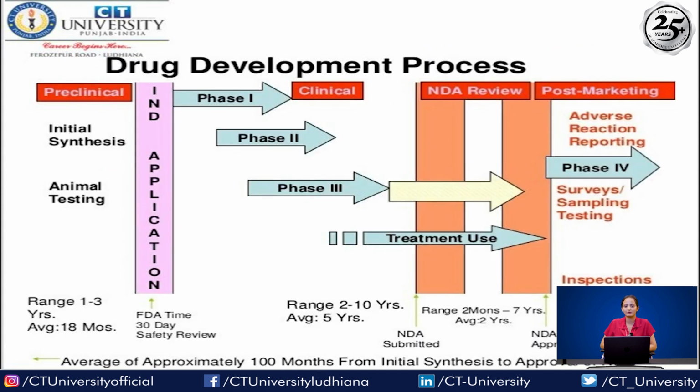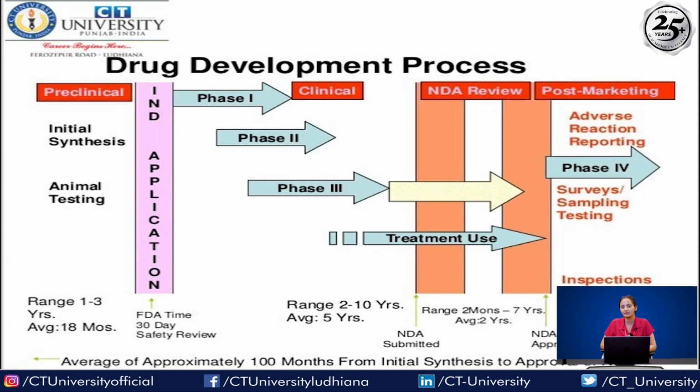So this is the drug development process chart. As you know, it includes preclinical study and clinical study. In preclinical, we are doing initial synthesis, description, chemistry, SAR, and laboratory studies on animals. After completion of your preclinical study, we have to go for the INDA submission. After the INDA submission is completed, we go for phase 1, phase 2 and phase 3.